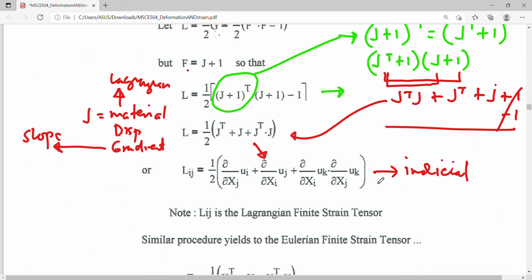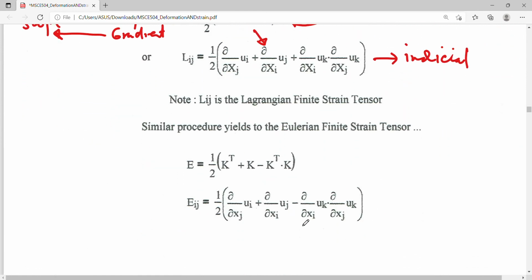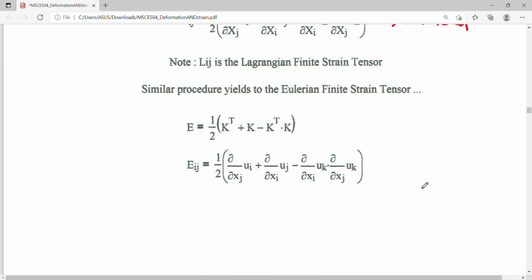So note that L is the Lagrangian finite strain tensor, and a similar procedure will lead to your Eulerian finite strain tensor.